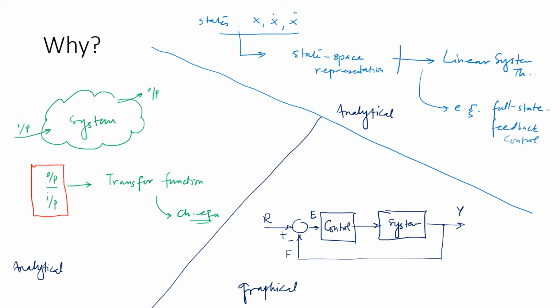So for that reason, I can now say with more confidence that yes, we need different representation schemes that are going to be probably much more handy to perform certain analysis on the systems. So let's proceed with that.